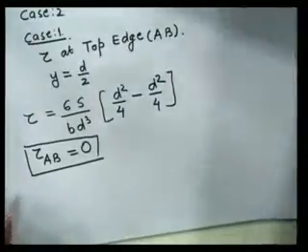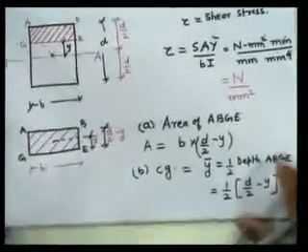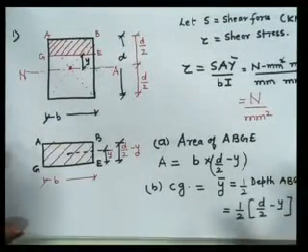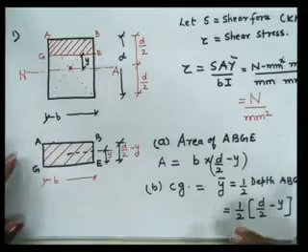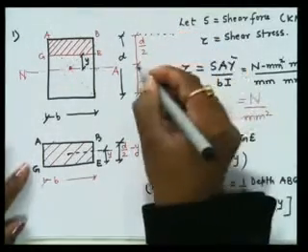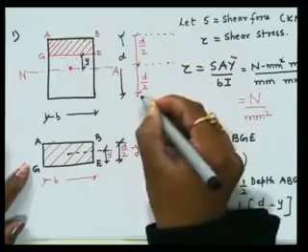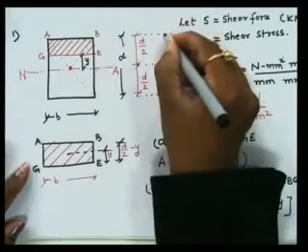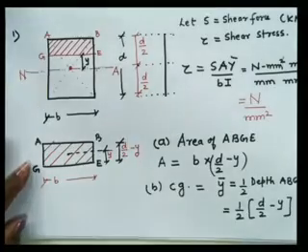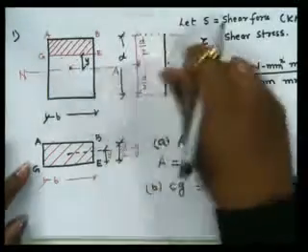So now if I want to draw the shear stress distribution diagram, what I will do is draw a vertical line at the top edge, bottom edge and neutral axis. We will take all the values horizontally.